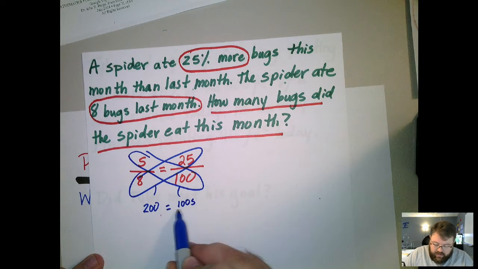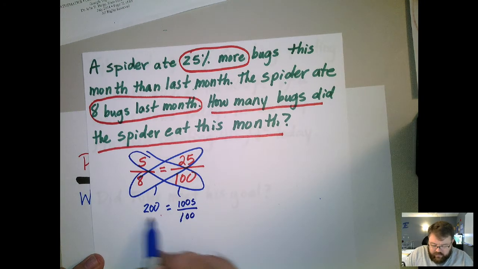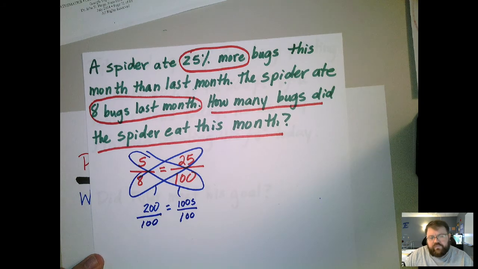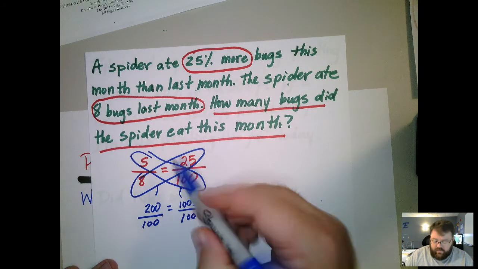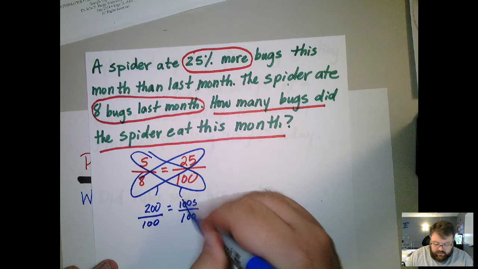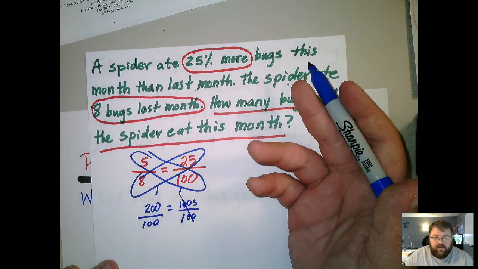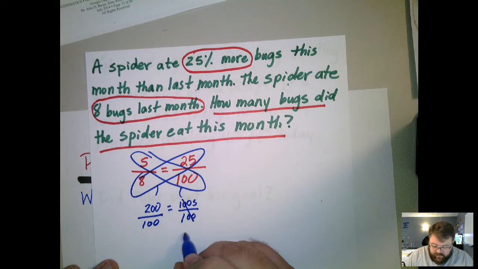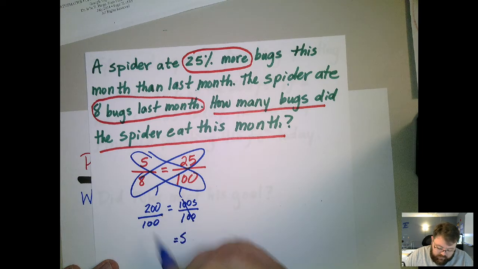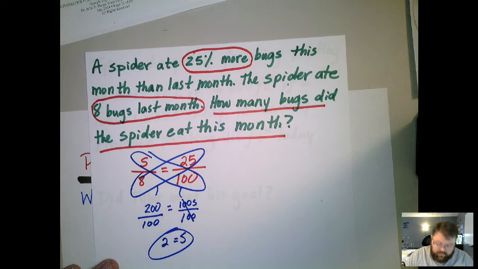Then I'm going to divide both sides by 100. The 100 divided by 100 cancel, they equal 1. Leaves you with S is equal to 200 divided by 100, which is 2.